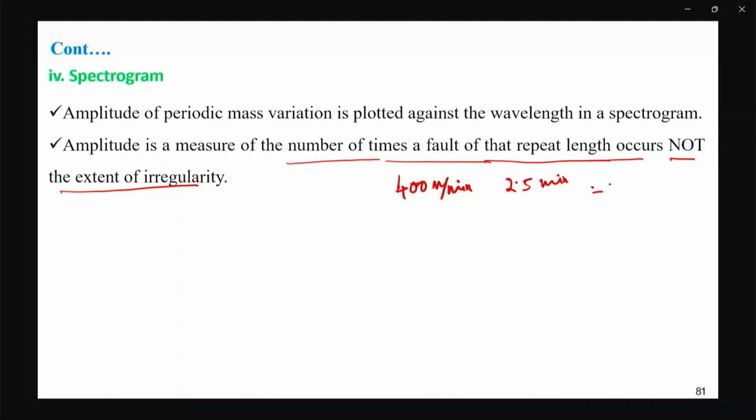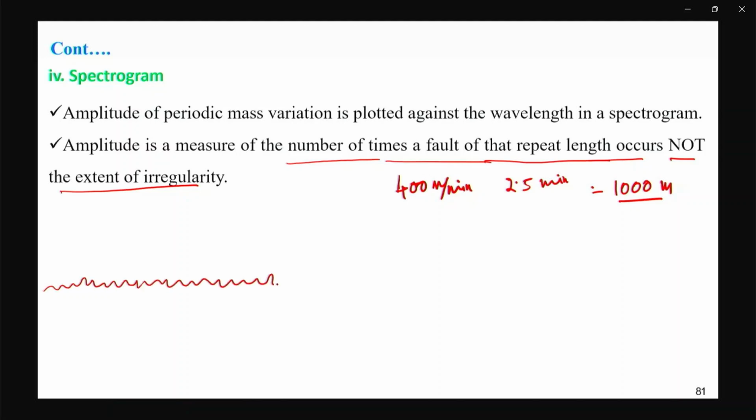Let us consider material moving through one evenness tester at 400 meter per minute for 2.5 minutes. That means the total length it is traveling is 1000 meter. So the 1000 meter yarn is tested.